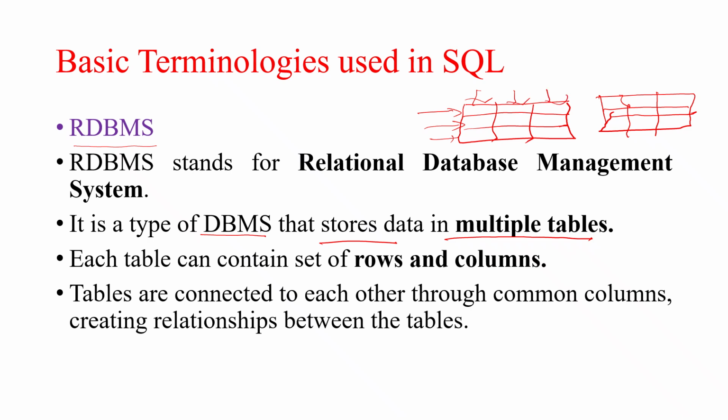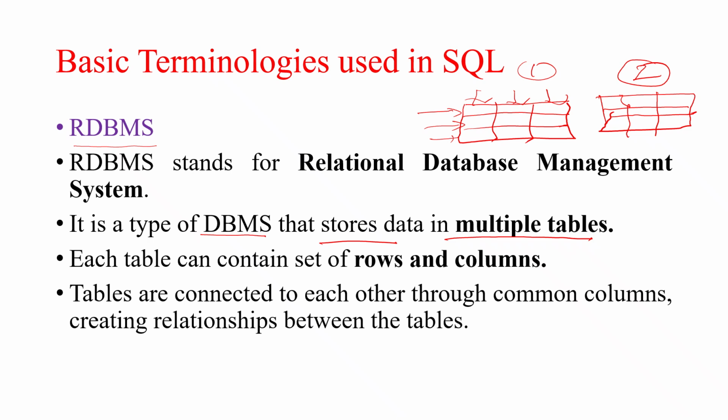Suppose this is table 1 and this is table 2, and these two tables are connected to each other through a common column. That is compulsory, it must be satisfied. If table 1 contains a column named ID, table 2 may also contain an ID column.